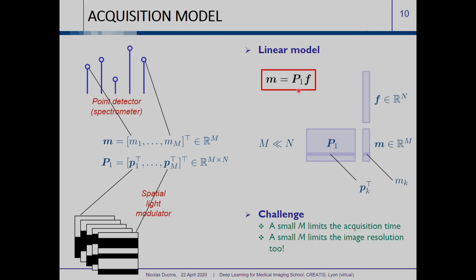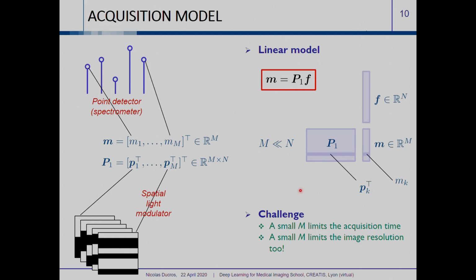Now here I just have a model in which I consider not all the different wavelengths, but just one wavelength. So we want to reconstruct one image F at one particular wavelength from the measurement at that wavelength. The P1 matrix has many more columns than rows, because we don't want to acquire a lot of measurements, as this takes time.